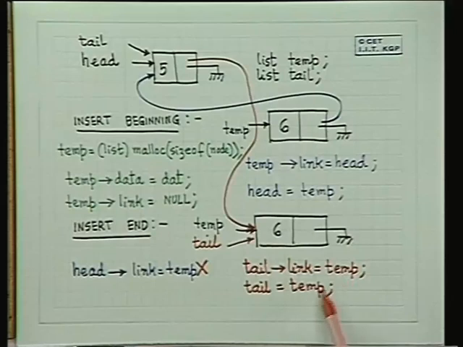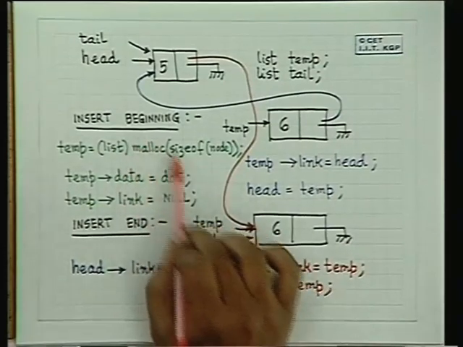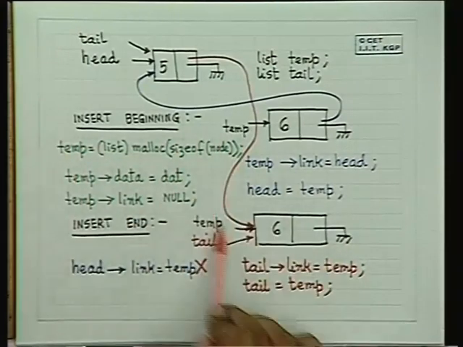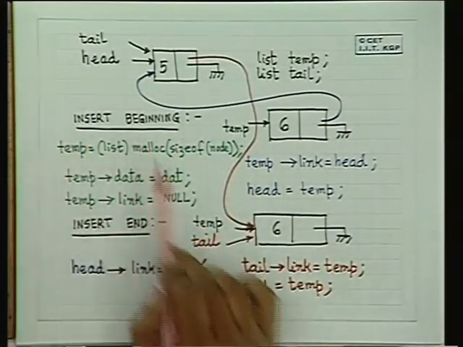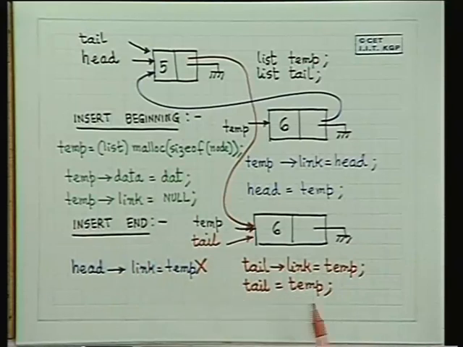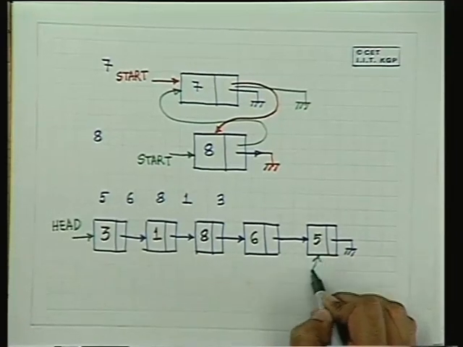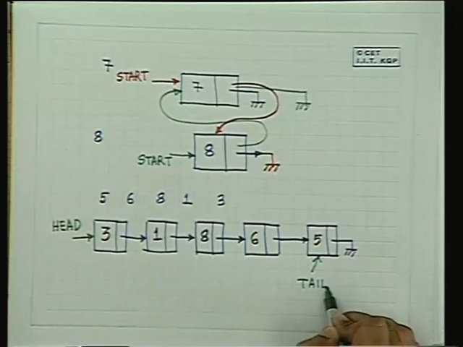And this part you can put into a loop, which will continue adding and inserting data. So once you have added and inserted data like this, then you will get a linked list of this type with the head element, and obviously if you require, the tail element will be here.